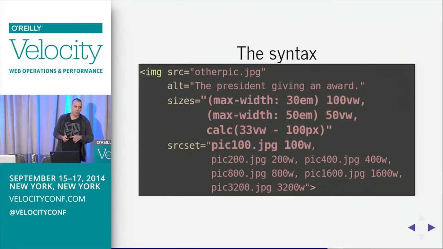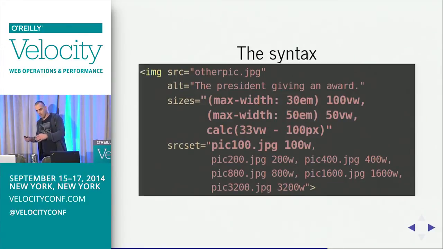And the reason for which we need the sizes attribute is that the browser cannot know what the display size of the image will be at the time it picks which image resource to download. Otherwise, we would have to wait too long for CSS to be applied.